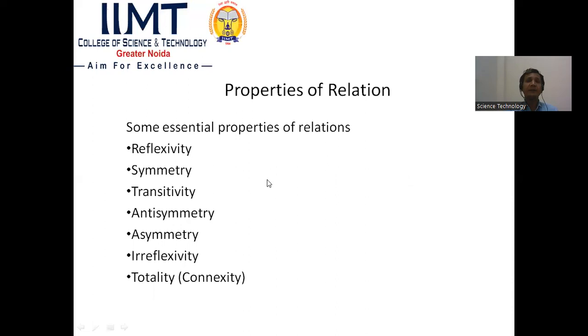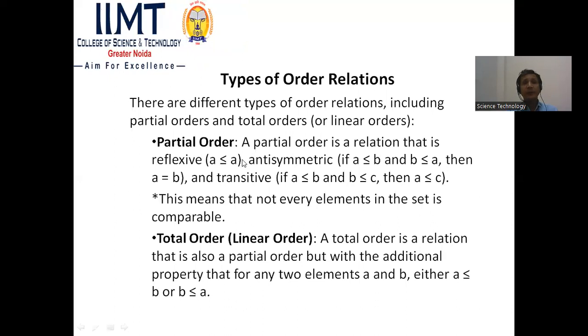In the last slide, we discussed 7 properties which a relation may exhibit. So if an order relation fulfills 3 properties, that is reflexive, antisymmetric, and transitive, then this relation is said to be a partial order relation.